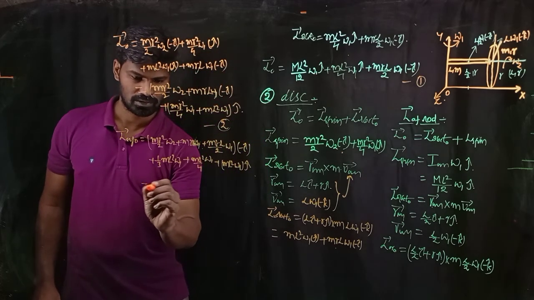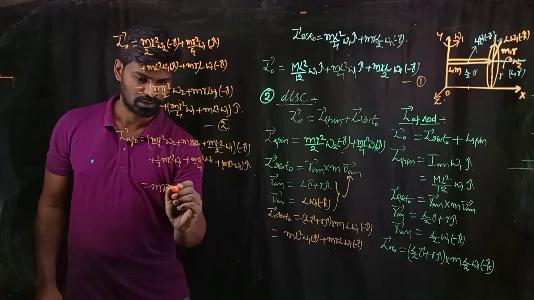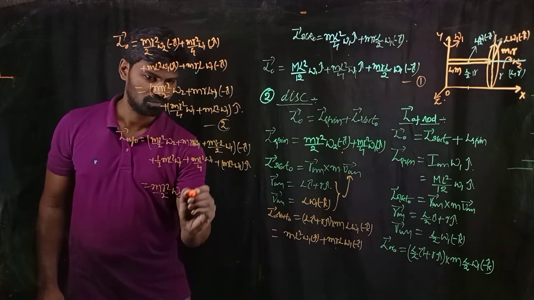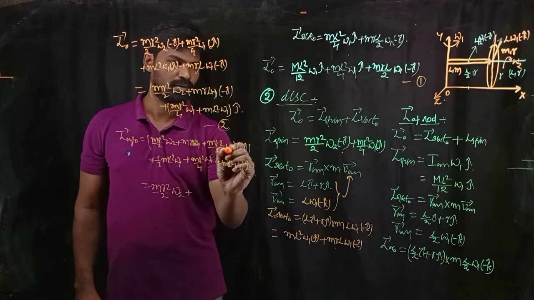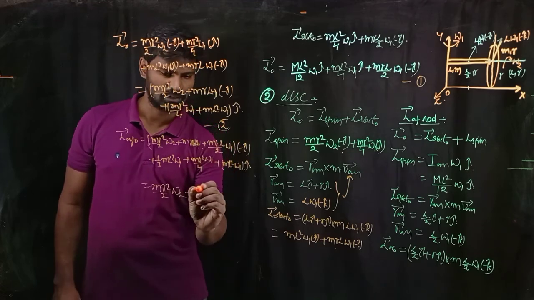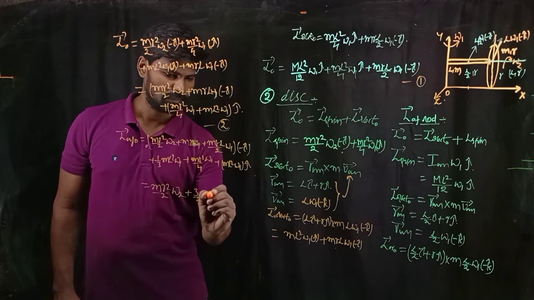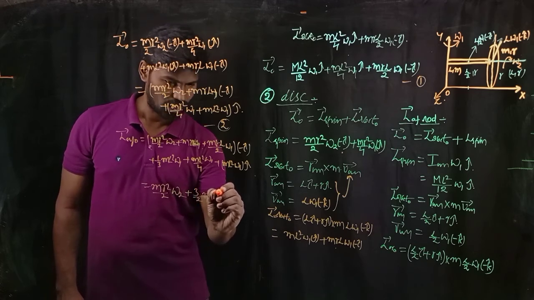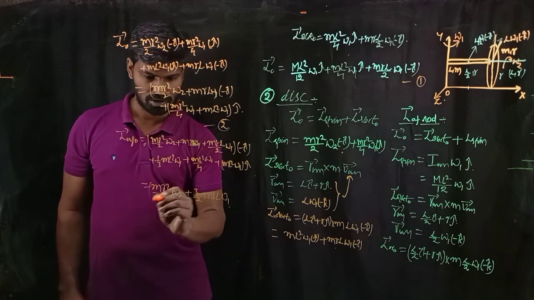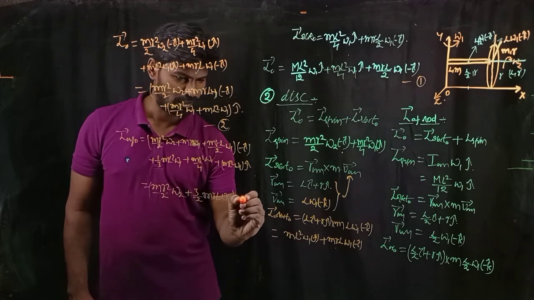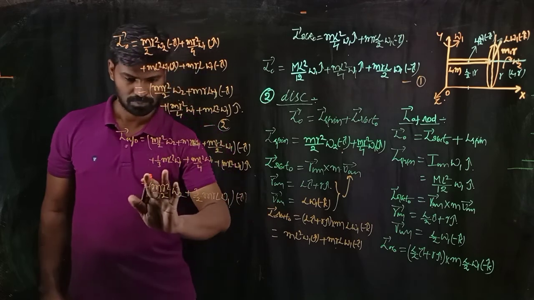So that is equal to M R square divided by 2 into omega 2 plus this is the M R L omega 1, this is also M R L divided by 2 omega 1. 1 plus 1 by 2 is 3 by 2, so 3 by 2 M R L omega 1, which is pointing in negative I direction.